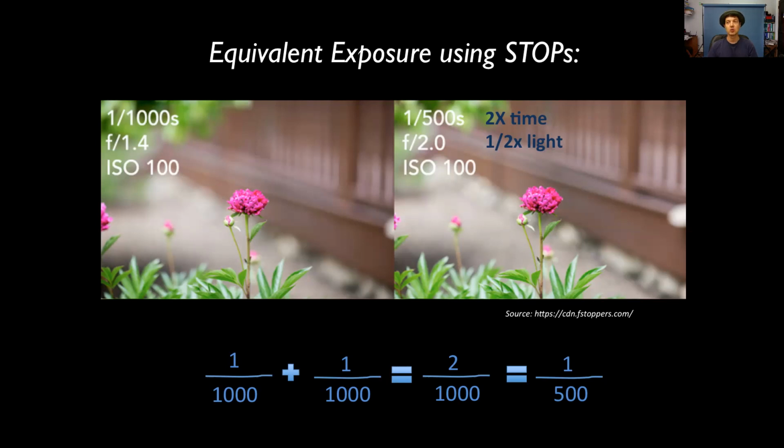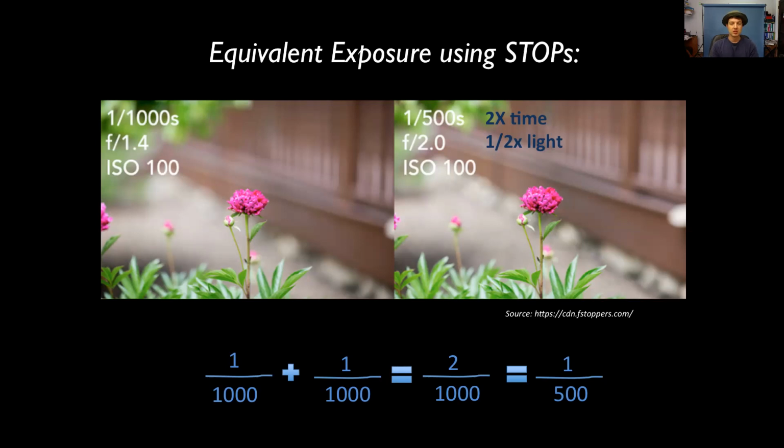Okay, so the exposure was twice as long, and the aperture though was a little bit smaller than the one on the left. It was f2.0, right? Which actually, by the units, means that half the amount of light was let in through the aperture, but the time that the camera was exposed was twice as long.